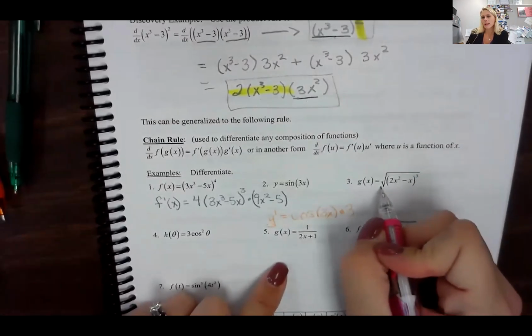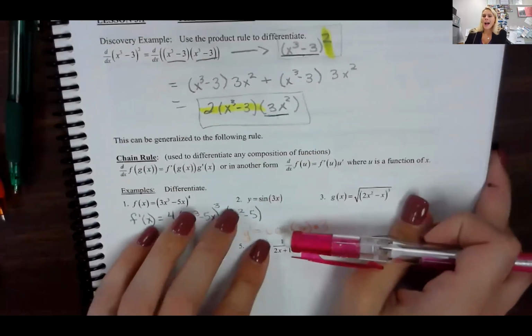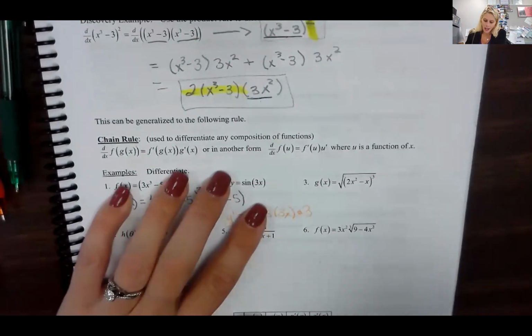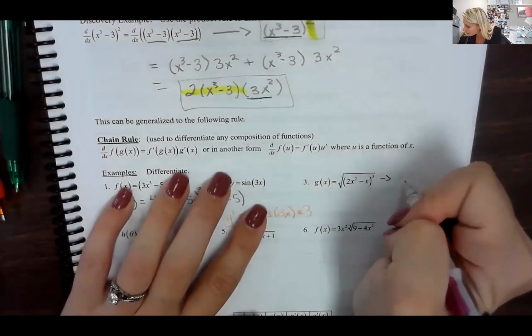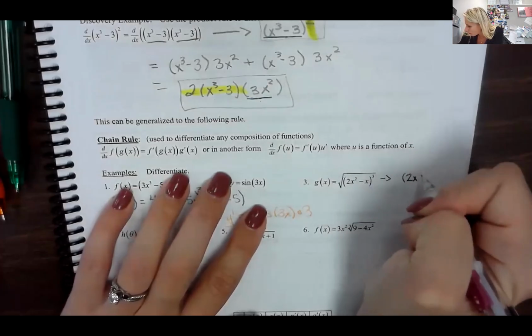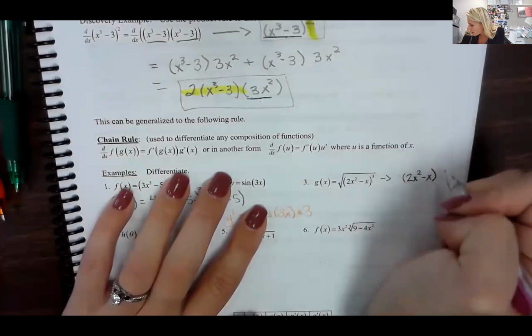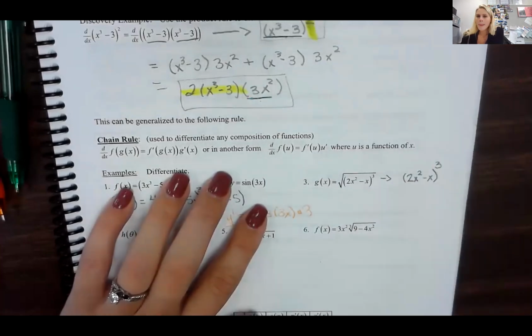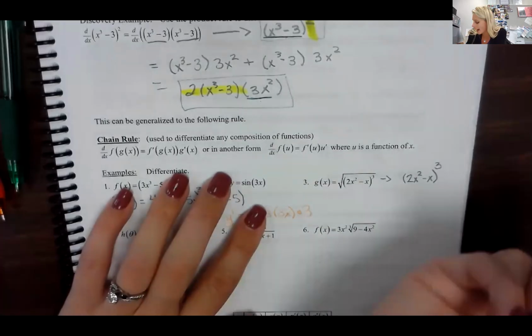Well, let's think about this. What is the square root actually as an exponent? Well, the square root as an exponent would be to the 1/2. So if you look, I have 2x squared minus x to the 3rd. But now that square root, I'm going to rearrange that to being a half.